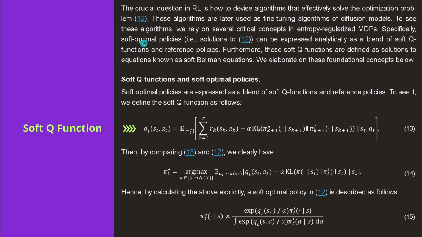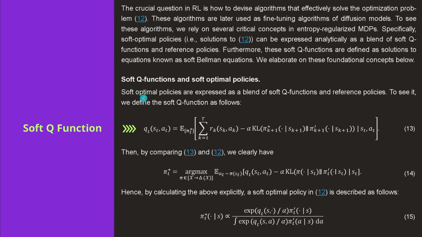And to see these algorithms, we rely on the critical concepts of entropy regularized MDPs, and our soft optimal policies can be expressed analytically as a blend of the soft Q function and the reference policies. And those soft Q functions in turn are defined as the solution to the equations known as the soft Bellman equations. And now it starts.